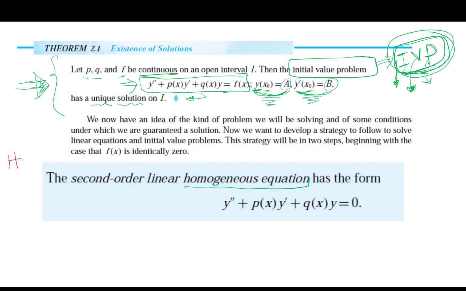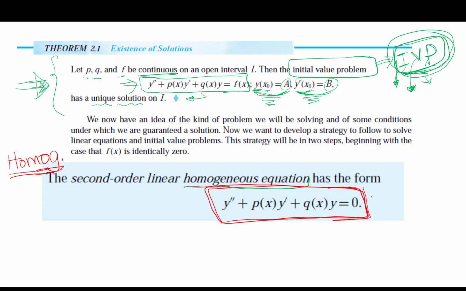We're going to start with a specific form in the beginning, and then based on this form we are going to have our solution.